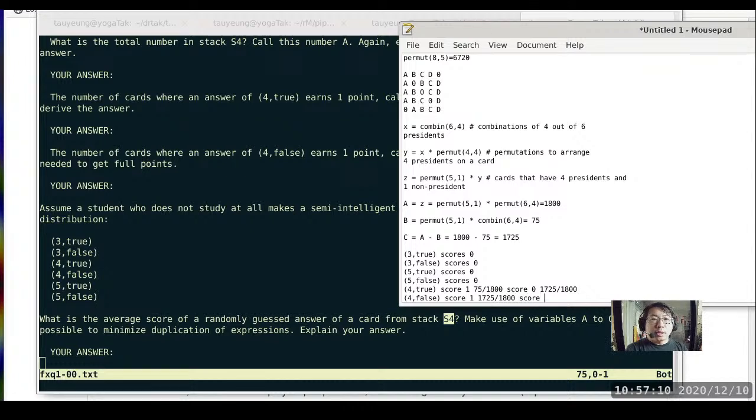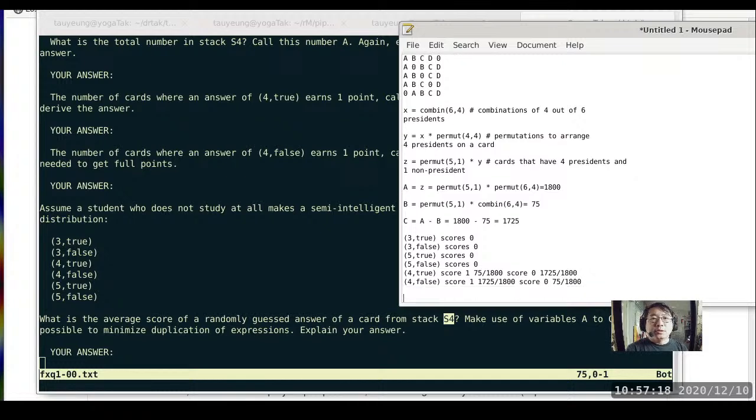It would score a 0 75 times out of 1800. So that becomes the basis. What we need to do is add up all the averages, and then divide the whole thing by 6 in this case.